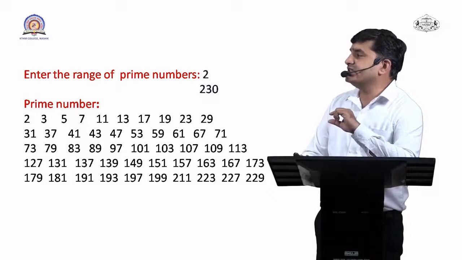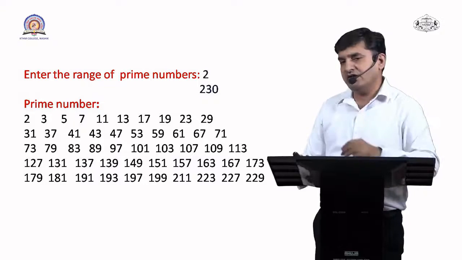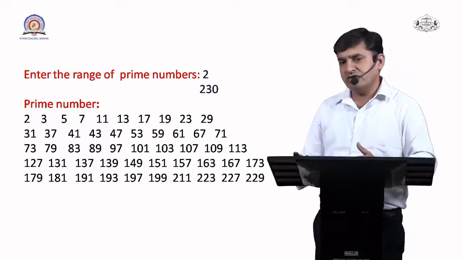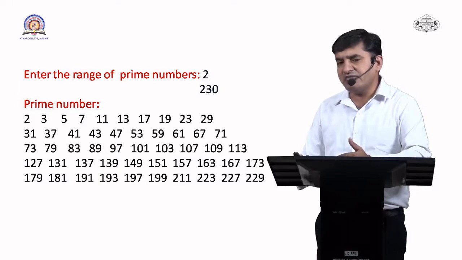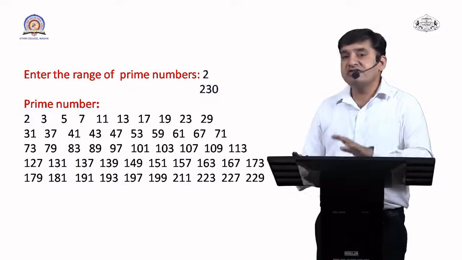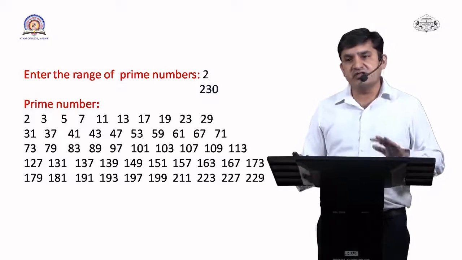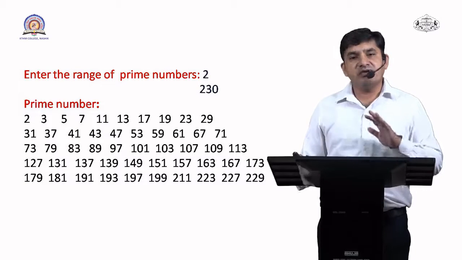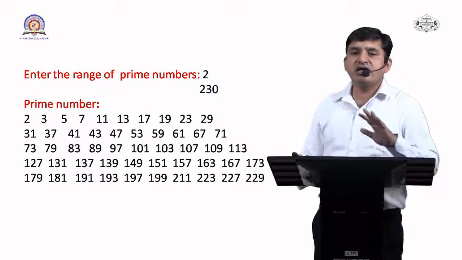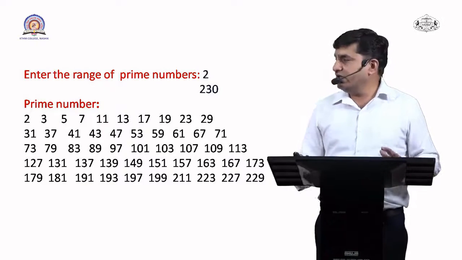This message is displayed on the screen. Now we have to enter the range, that is the first prime number and last prime number, so we use scanf function, which is the input function. Percentage d indicates that R1 and R2 are integers.